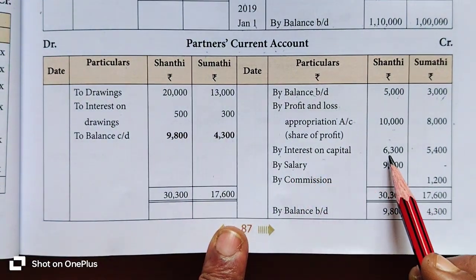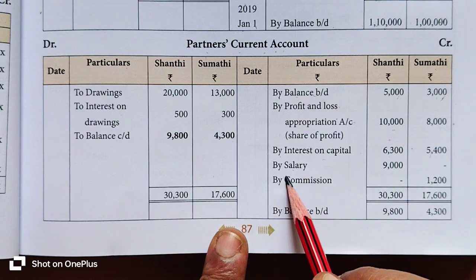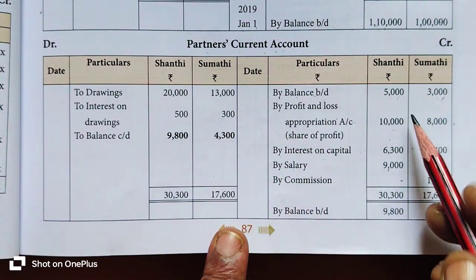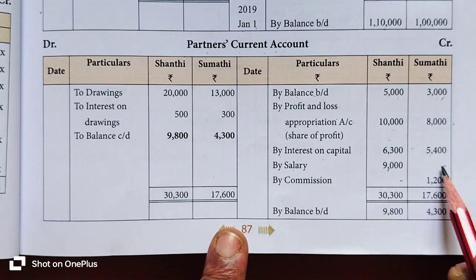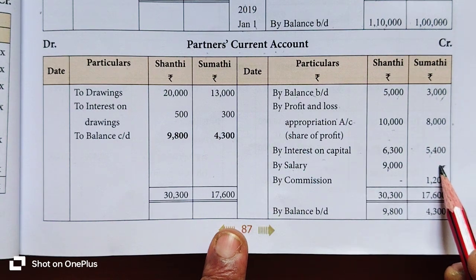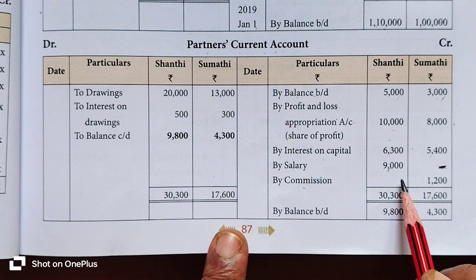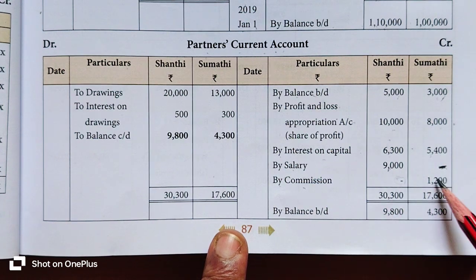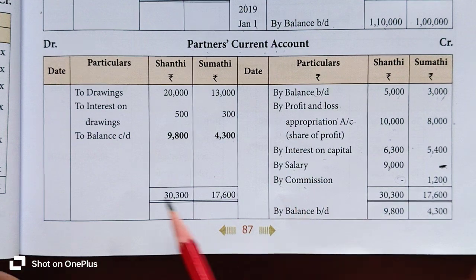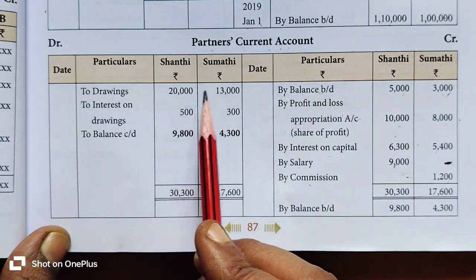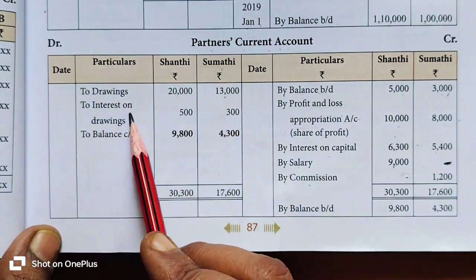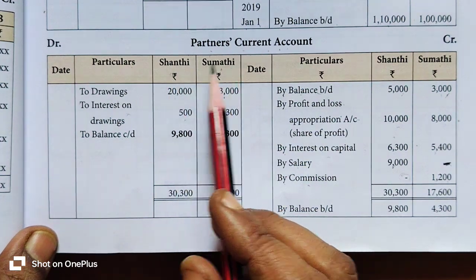Interest on capital 6,300, 5,400. Salary, Shanti only 9,000; there is no salary for Sumati, so you put a hyphen here. By commission, there is no amount for Shanti; Sumati only 1,200 rupees. On the debit side, drawings 20,000, 13,000 respectively, interest on drawings 500, 300 respectively.